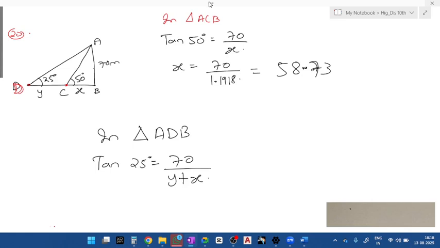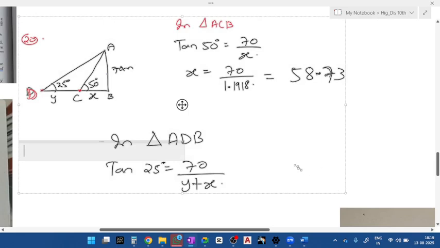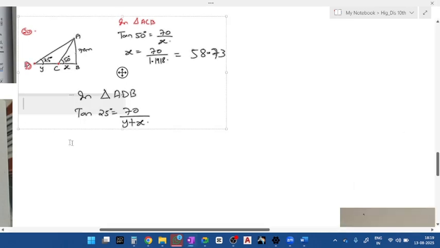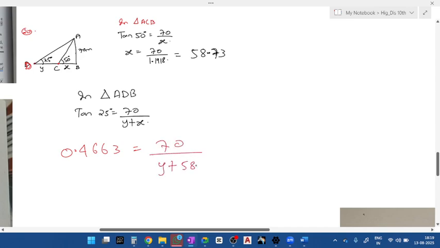Now, what is tan 25? Tell me the value of tan 25. Look at the table and tell me, students. 0.4663 is equal to 70 over y plus 58.73.